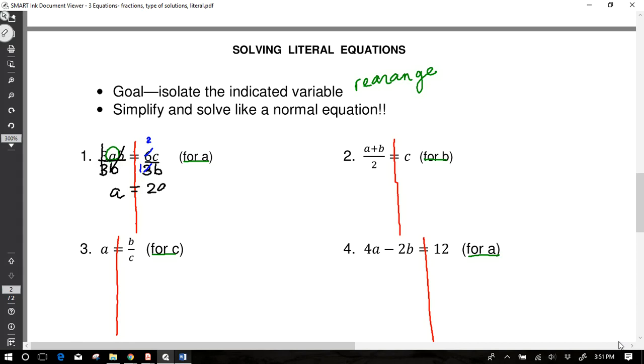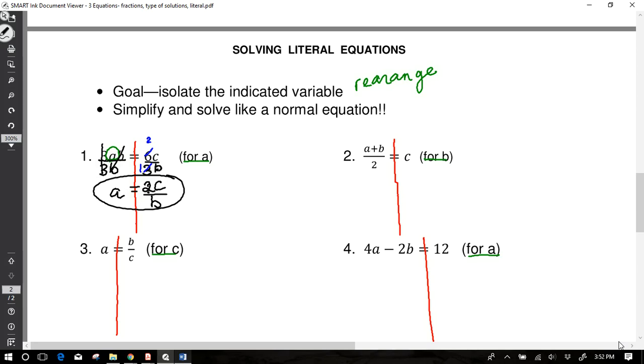Should be a C. And on the bottom, I have a 1B. If you want to bring down the 1, you can, but you don't have to. And so now that my A is isolated, I'm all finished.